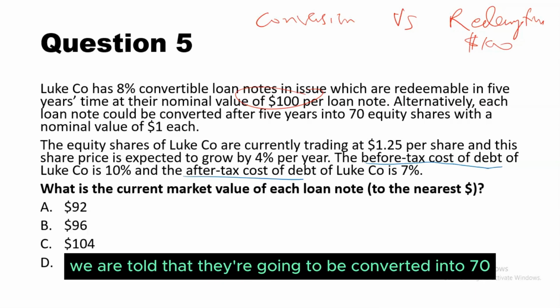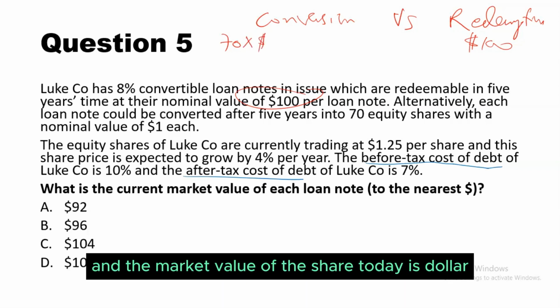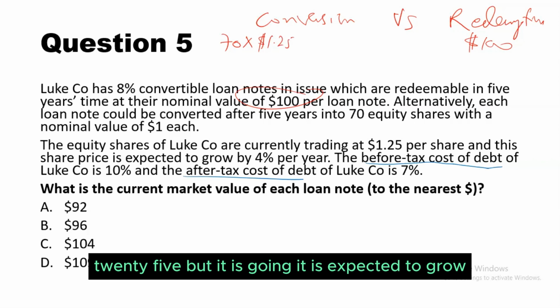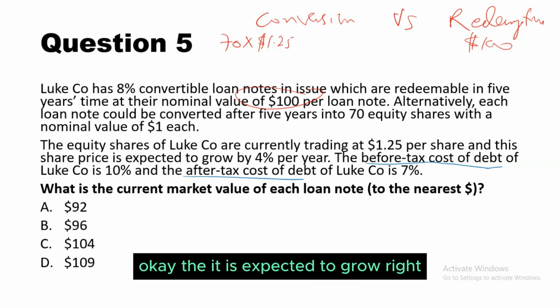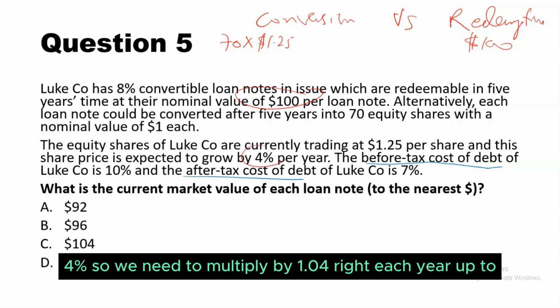So we are told that they are going to be converted into 70 shares, and the market value of the share today is $25, but it is expected to grow. The percentage of growth was 4%.